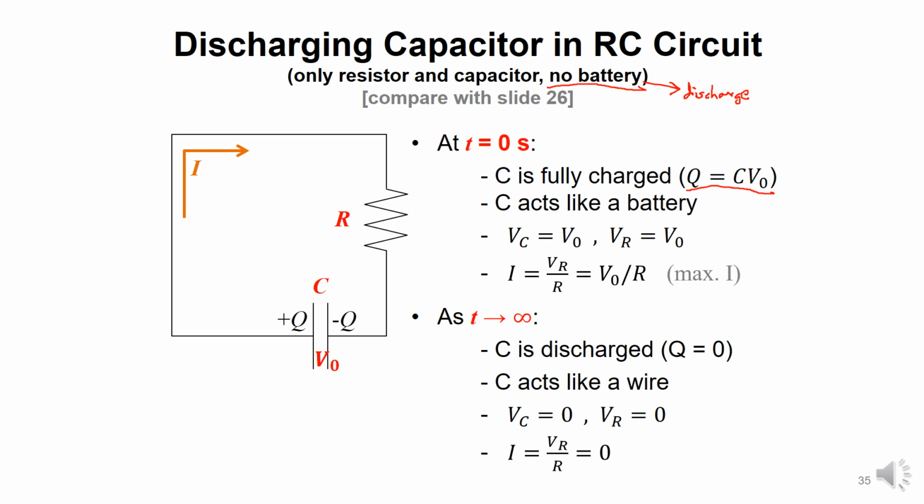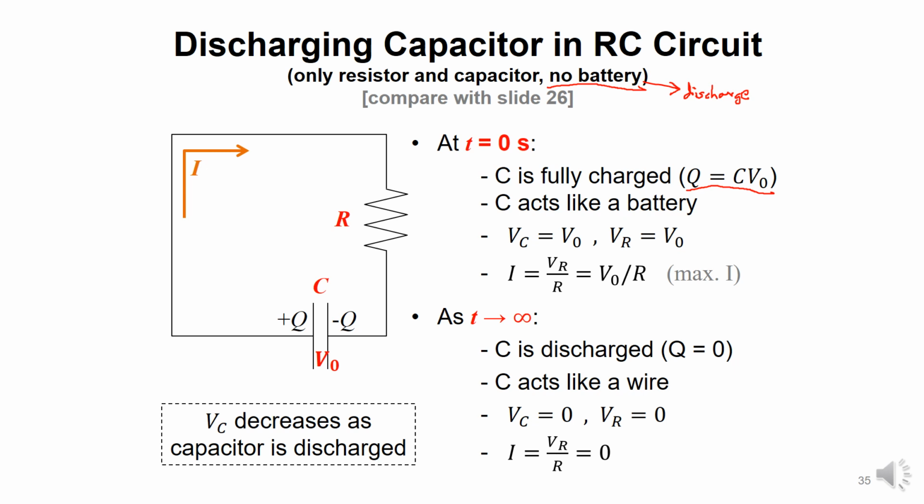So basically, we have a circuit with a resistor and an empty capacitor that behaves like a wire. So there is no current in the system and there is no voltage. Okay, so we start off with maximum current and the capacitor fully charged, and we end up with 0 current and the capacitor has 0 charge. So that's what we see when discharging a capacitor in an RC circuit with no battery.